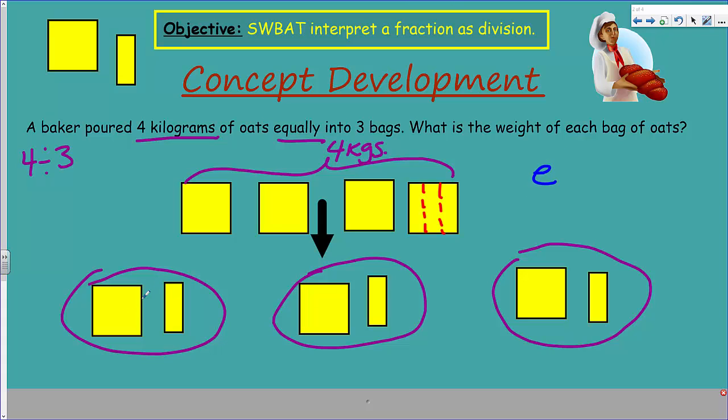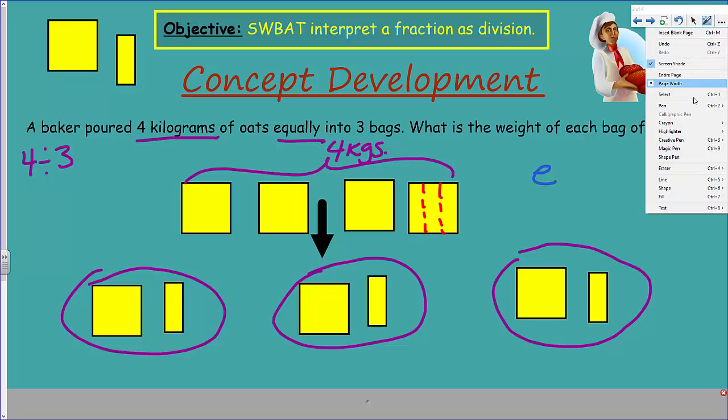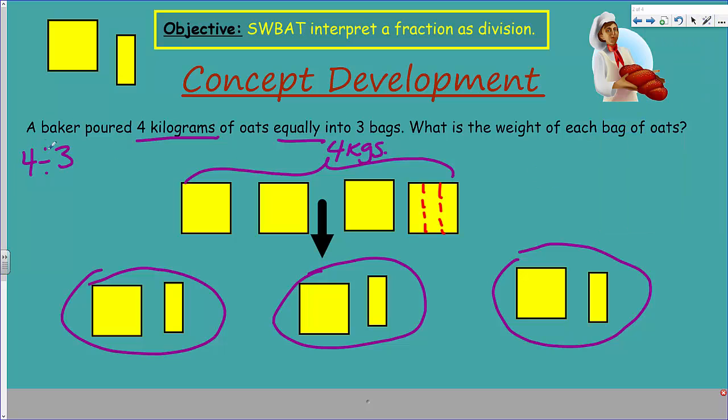If we have one bag here, a second bag here, a third bag there, that means I have divided it. Well, let's take a look at what that equation looks like then. Because 4 divided by 3 is 4 divided by 3. That's the same thing. It's 4 thirds. And when you think about that, that's basically what we have here. We have 4 thirds. We divided this one whole into thirds.